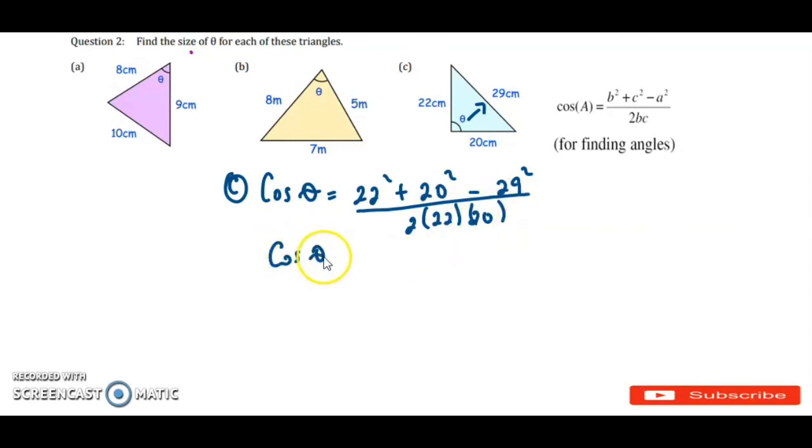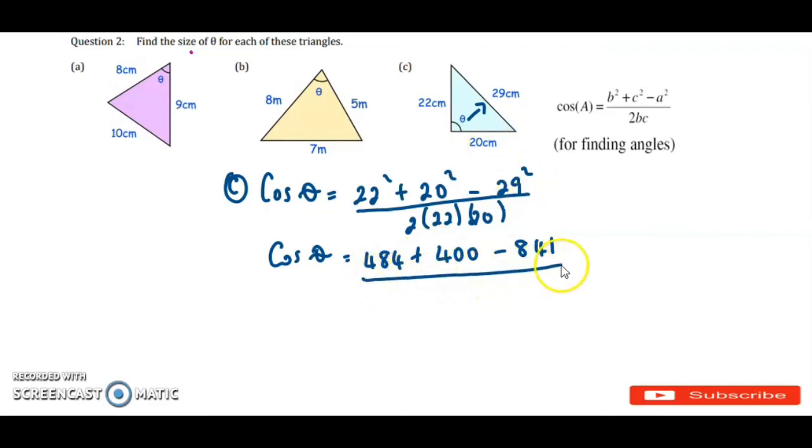Here 22 squared is 484, plus 20 squared, which is 400, minus 29 squared, which is 841. Dividing by 2 times 22 times 20 should give you 880.